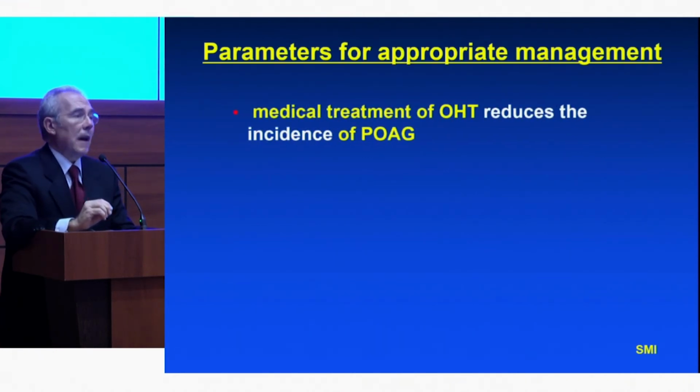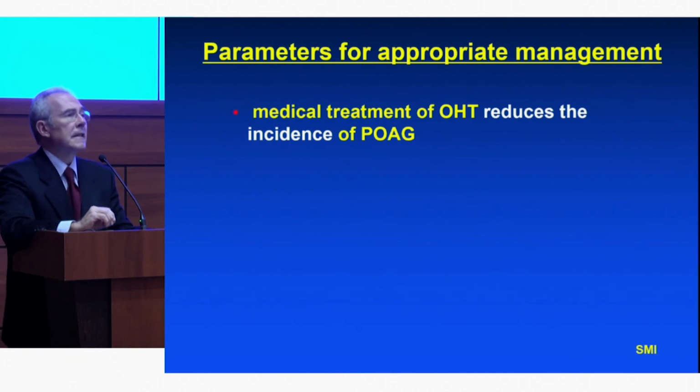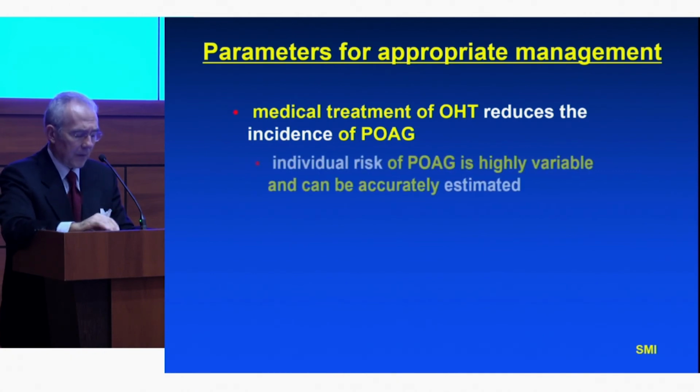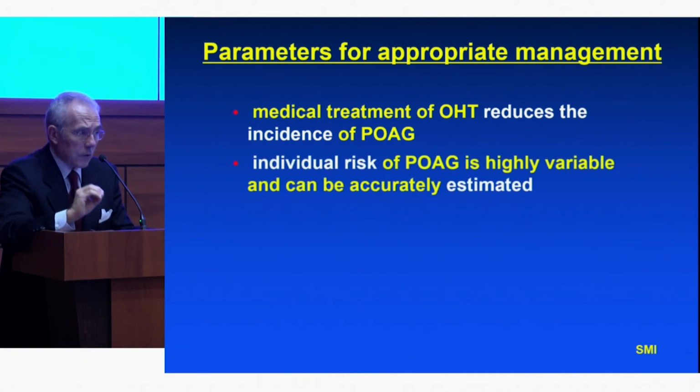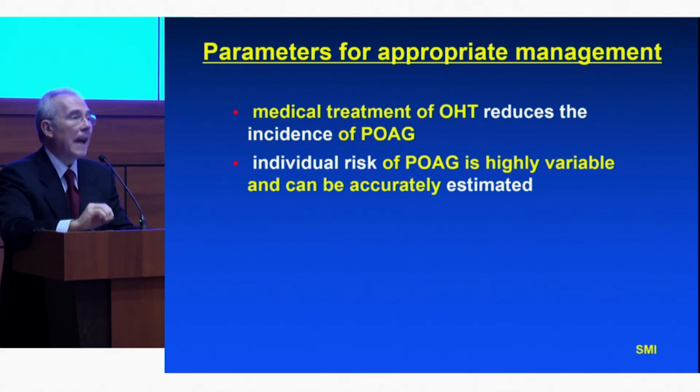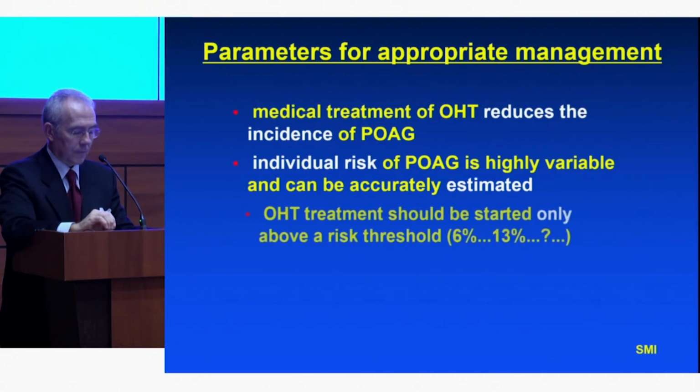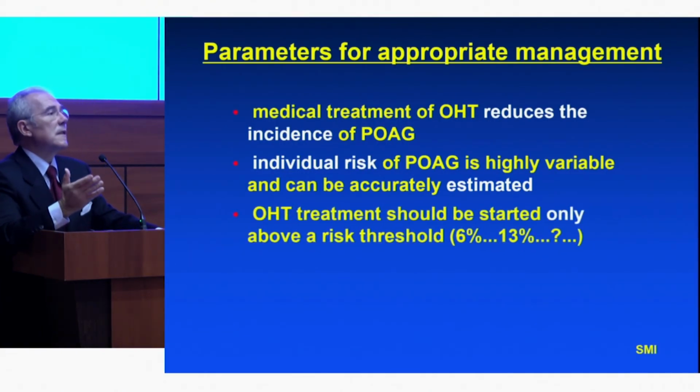So what are the parameters for appropriate management of ocular hypertension patients? We know that medical treatment for ocular hypertension reduces the incidence of glaucoma. It's very clear. But we also have seen that the individual risk for glaucoma is highly variable and can be accurately estimated. So when should we start the treatment?